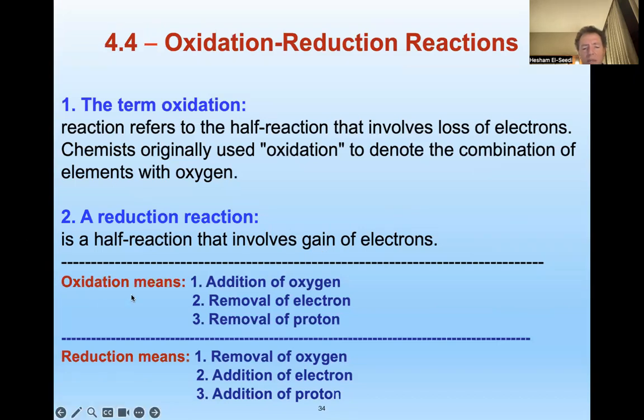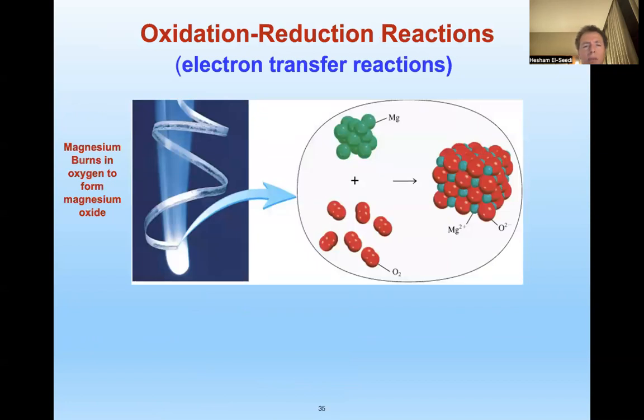So oxidation means addition of oxygen, which means you remove electrons and remove protons. While reduction is the opposite way, removal of oxygen. So addition of oxygen is oxidation, removal of oxygen is reduction, which means also addition of electrons and addition of protons.